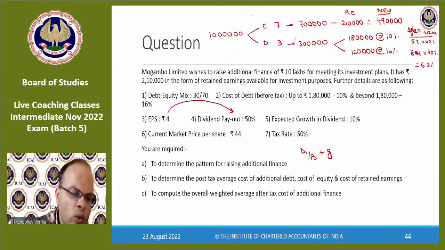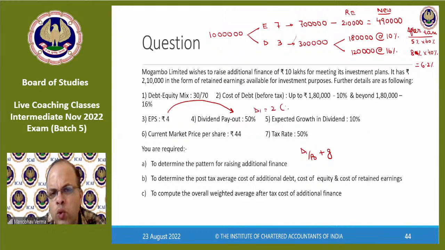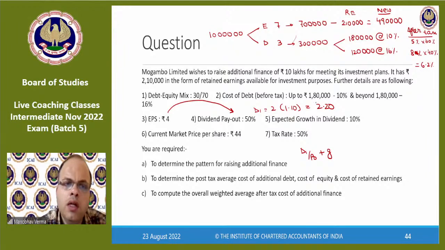So we need to calculate D1 as 2 into 1 plus G, that is 1.10, that is 2.2. And P0 is 44. So 2.2 upon 44 plus the growth rate of 10%.